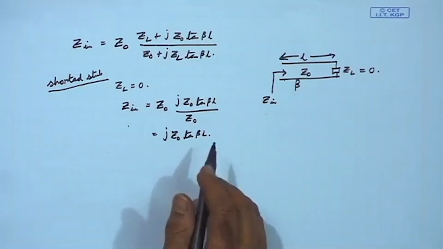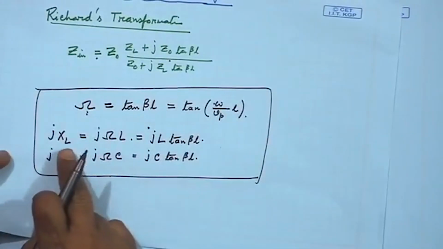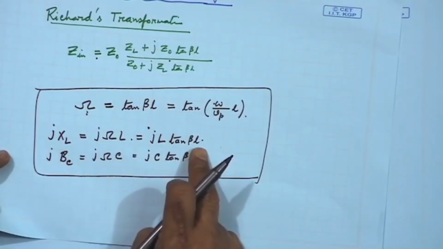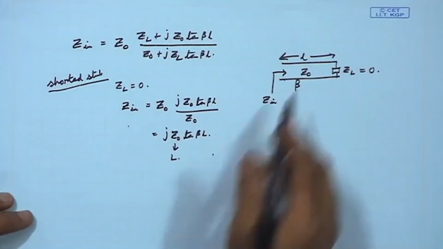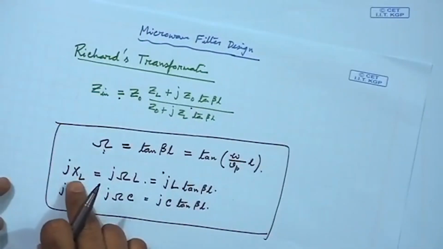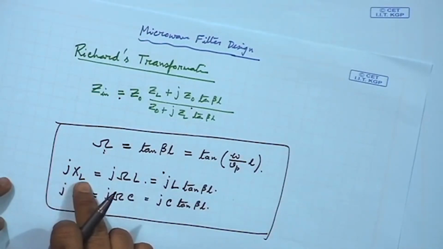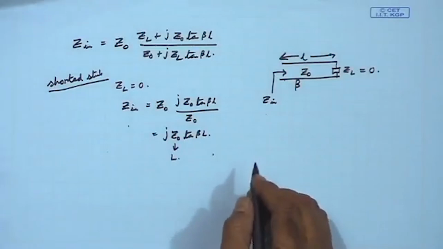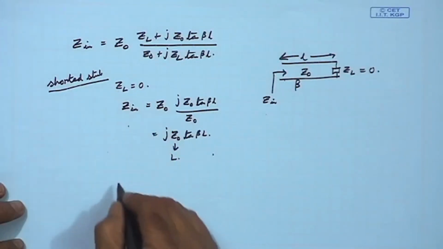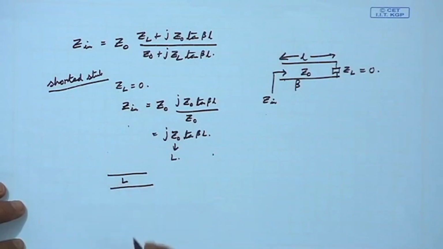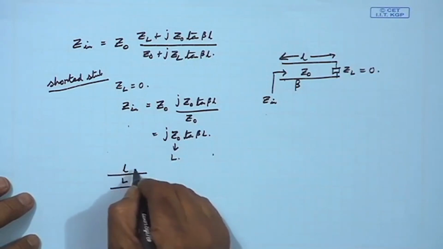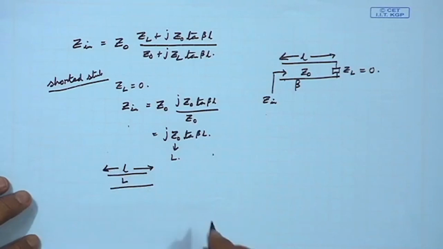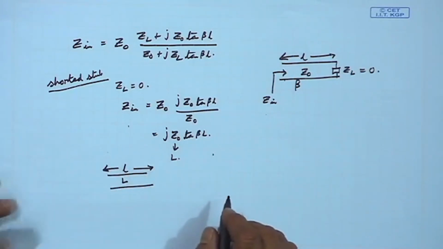Now, you see Richards transformation shows that Z for inductors is j L tan beta L. So, I need to choose this Z naught as L. That means, to fabricate a j XL, that means an inductor with reactance XL, I need to choose a shorted stub with L as the characteristic impedance and length L, and its beta is given by omega by Vp.